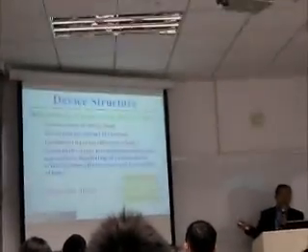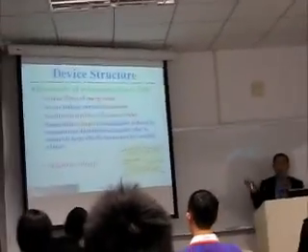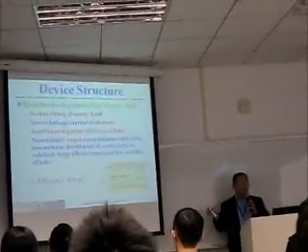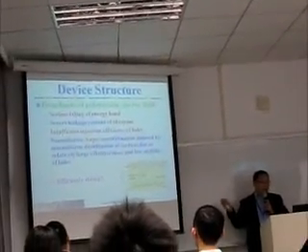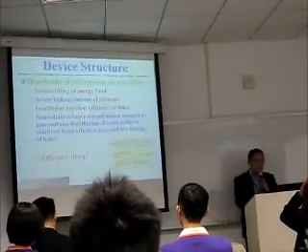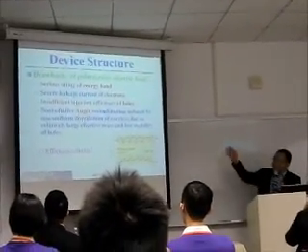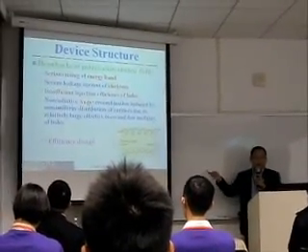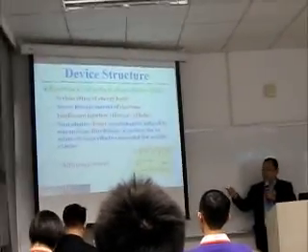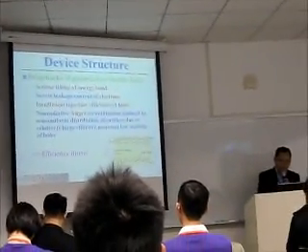And on the other hand, the distribution of carriers is not uniform. As a result, there may be some Auger recombination. These four parts are attributed to the well-known efficiency drop.